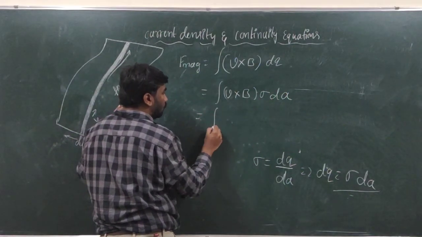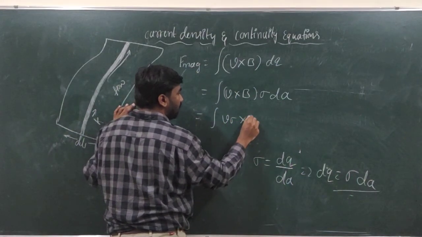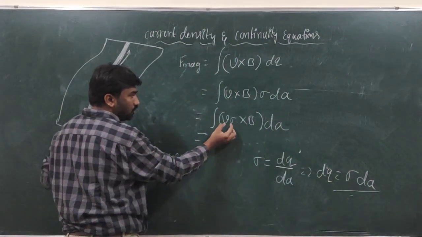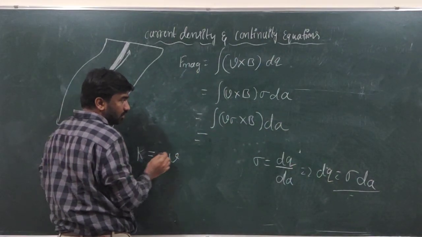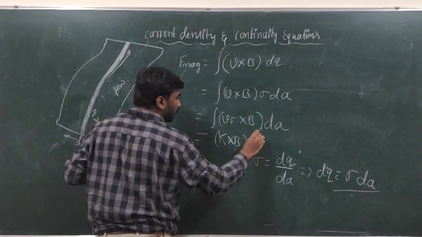So it is the integration of sigma into V cross B into dA, and sigma into V is nothing but K. So it is K cross B into dA.